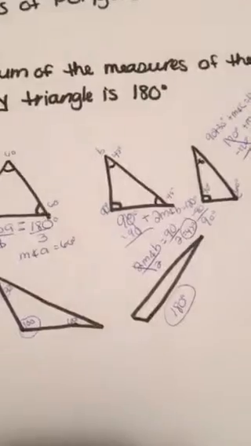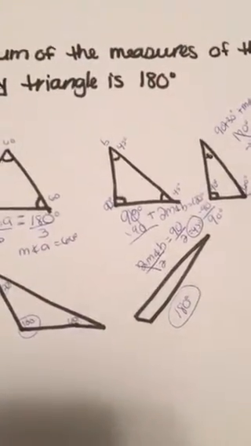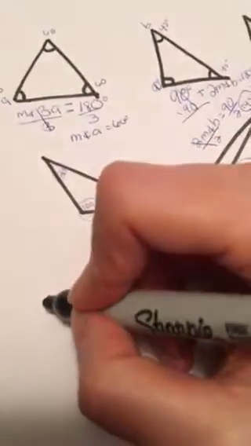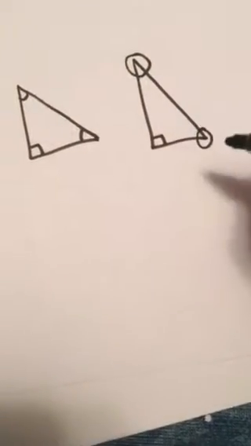Another thing that they tell you in the chapter is that for a right triangle, whether it's like this where the legs are equal, or more like this, these acute angles here and here are complementary, and so are these.